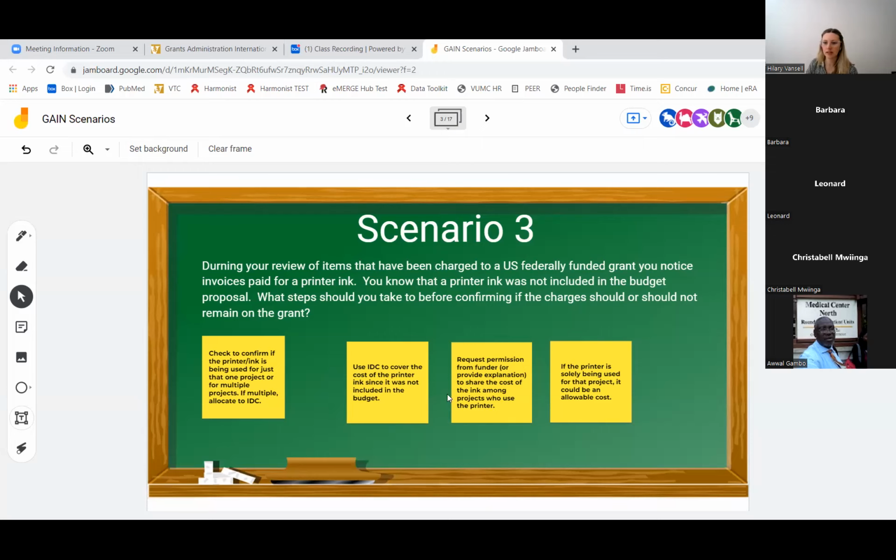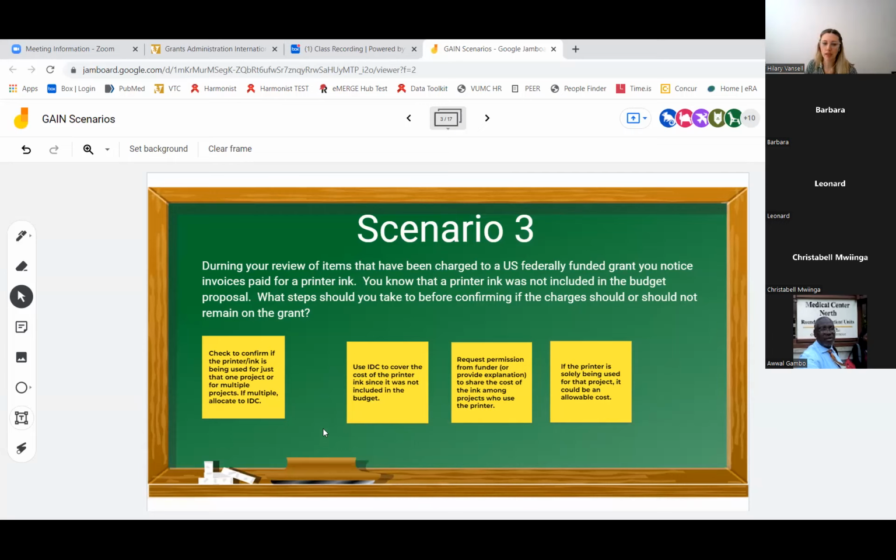Yeah, I think that's a good idea, Christabel. Asking either the funder or, if you're a subcontract, the prime institution about the charge and if it's allowable. Sometimes it's okay to rebudget the funds.